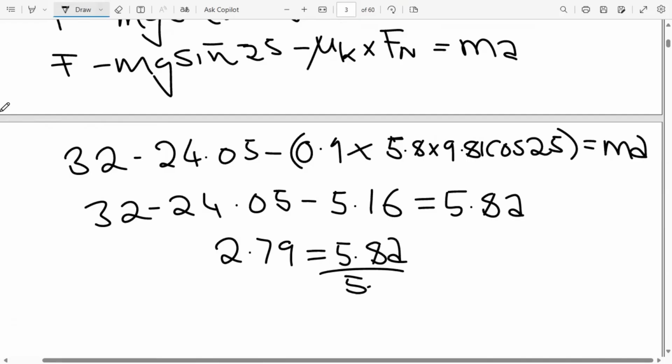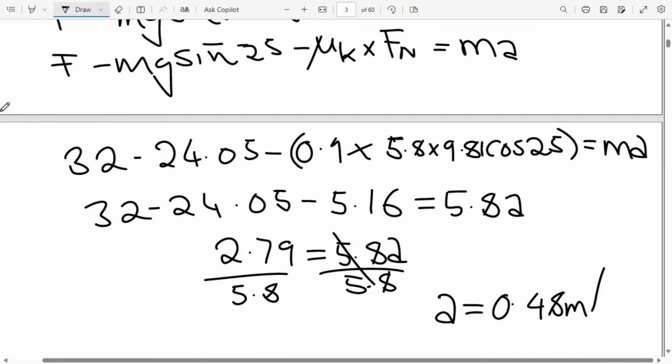We divide both sides by 5.8, and this will cancel out. That means our acceleration when there's a coefficient of kinetic friction of 0.1 will be equal to 0.48 meters per second squared. So that is the acceleration when there's a coefficient of friction.